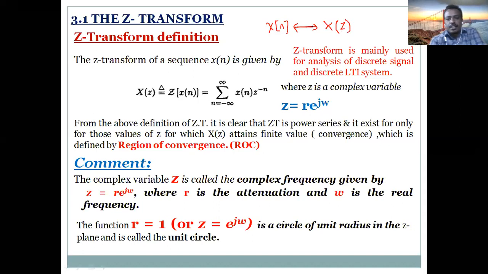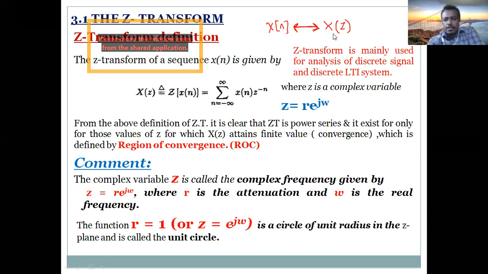So this is, as the arrow indicates, bidirectional, which means the signal as a function of time can be transformed from time domain, this is time domain representation of a signal, into what? Into Z domain. To the reverse, you can transform Z domain representation x of z into x of n. So it's bidirectional. So it's transforming x of n to x of z.